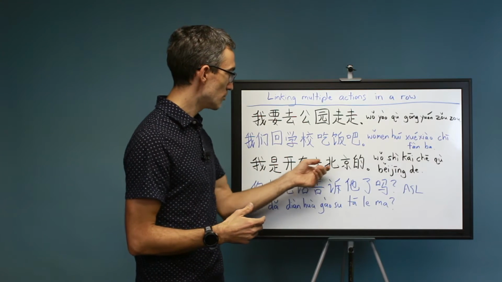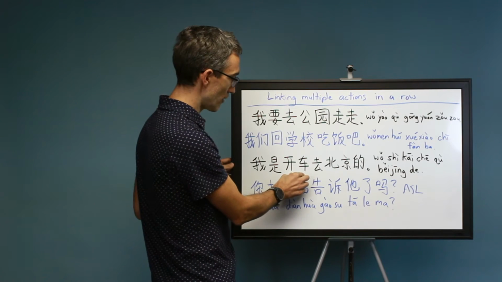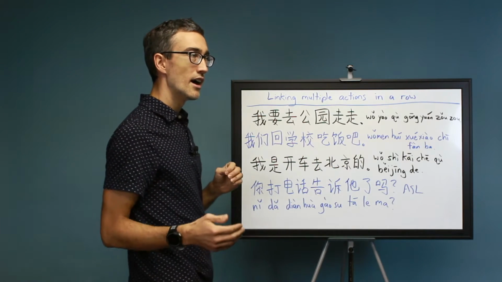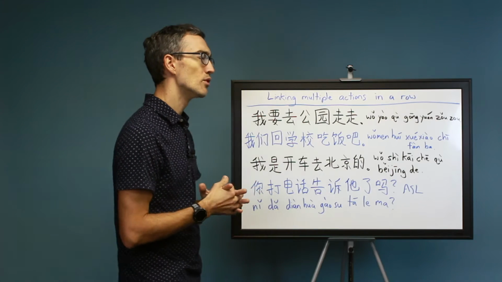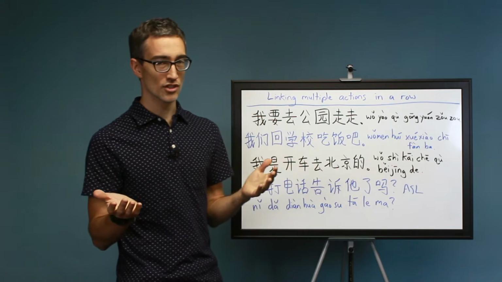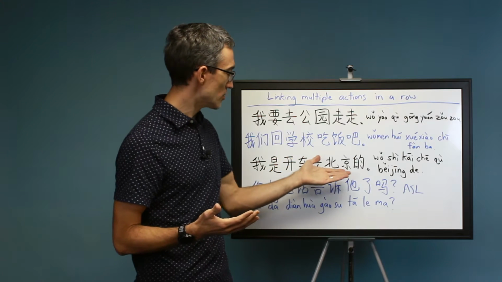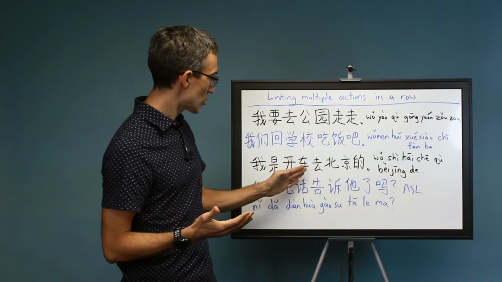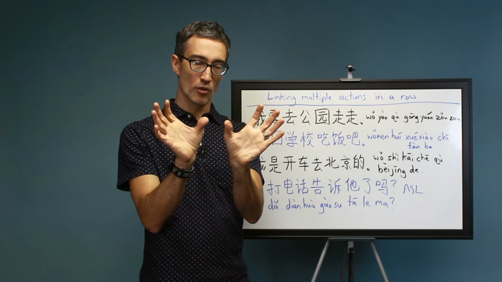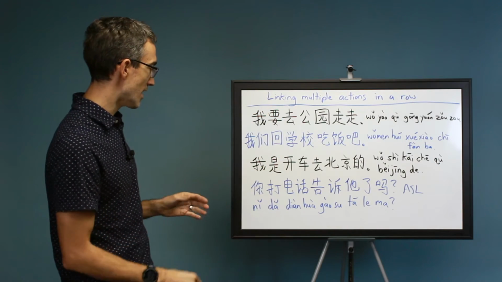Now 开车 is one phrase that means drive a vehicle or drive a car. 去北京 is the other phrase, and there's no linking word. I drive to go to Beijing. We wouldn't say it like that in English, but that's what is being communicated here. They're linked phrases, but there's no linking word. It's just put side by side.